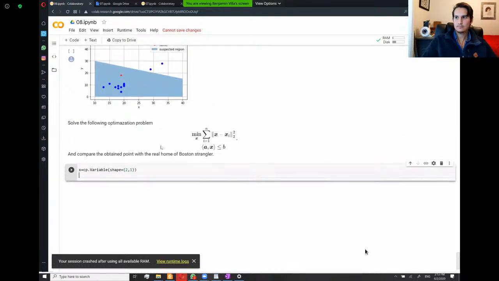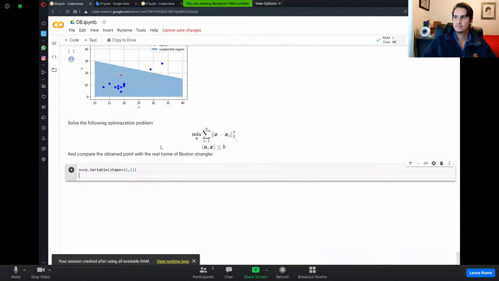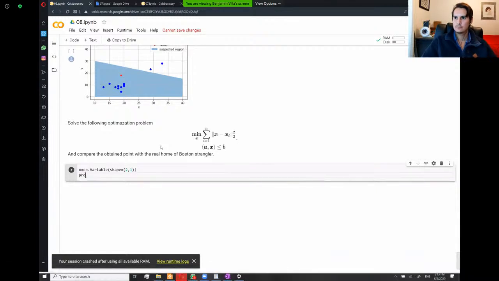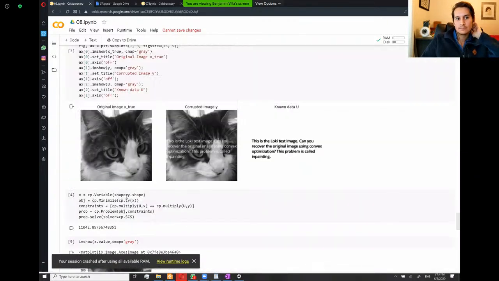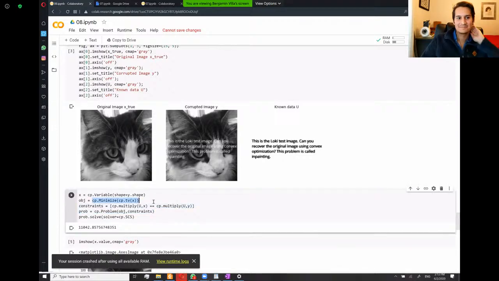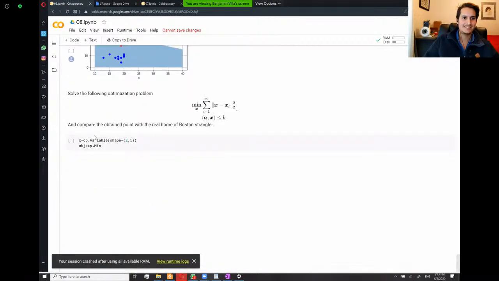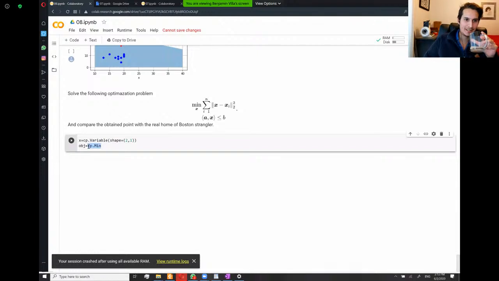Y sería el problema, es igual a cp.minimize. Todavía no me acuerdo cómo se escribe todo esto, así que a copiar y pegar la mejor forma de no cometer errores. That's the idea. cp.sum.